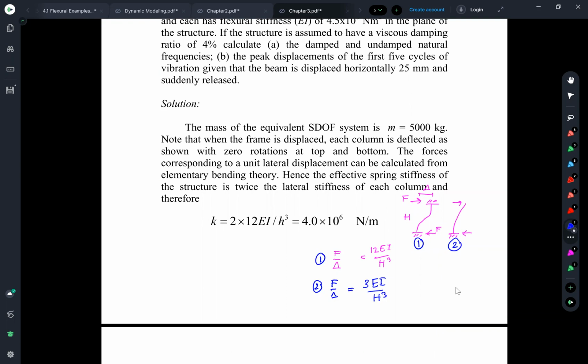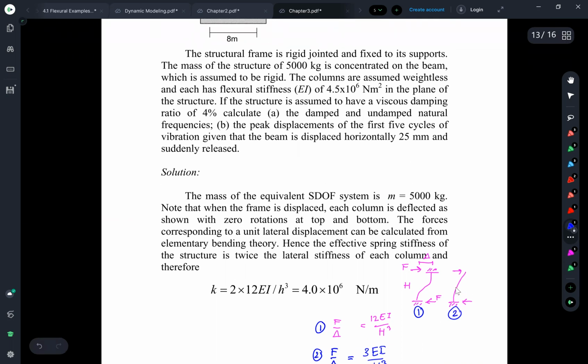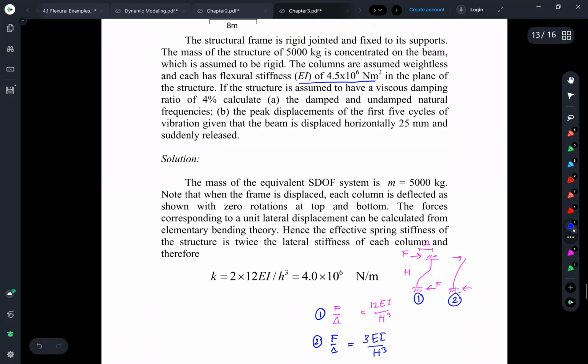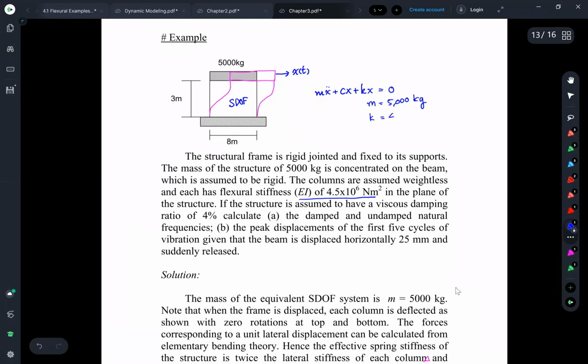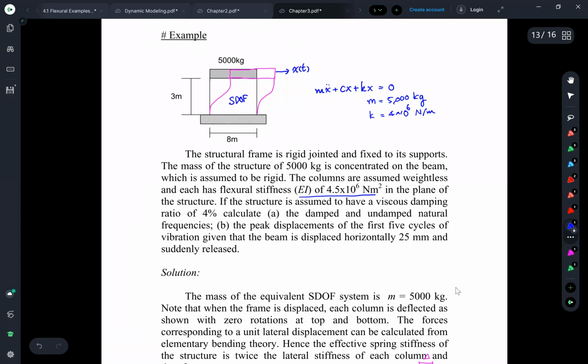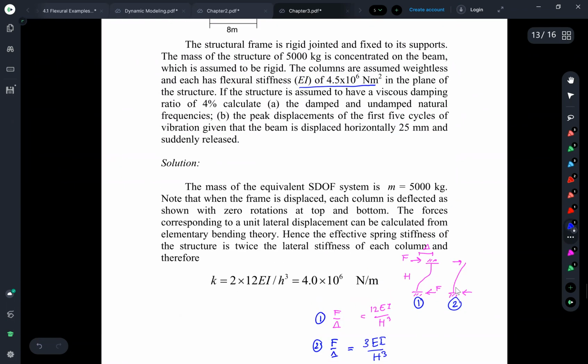And the stiffness K becomes something like 2 multiplied by 12 EI over H power 3. Introduce EI equal to this, 4.5 10 power 6. Then you obtain 4.0 10 power 6 as the stiffness K. Something like this, right? Could be Newton per meter. Am I correct? Okay, good.